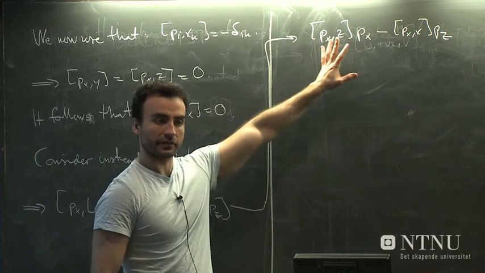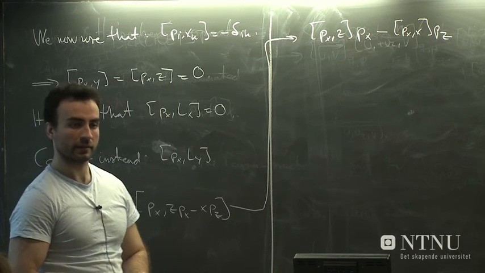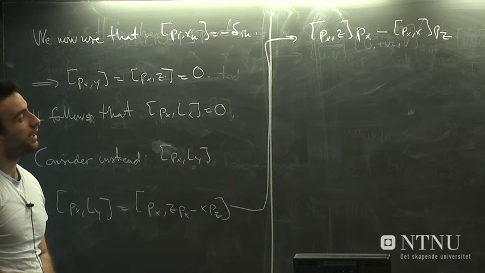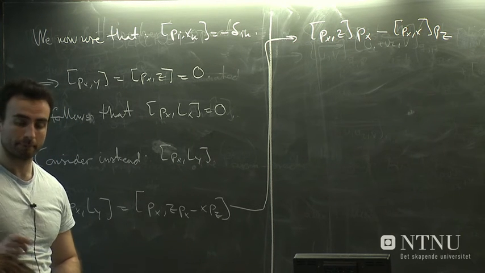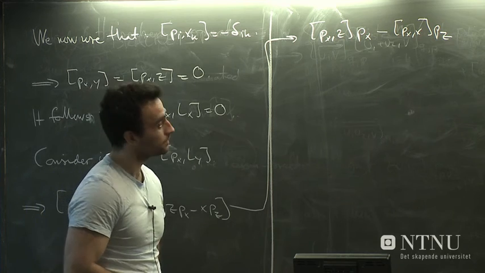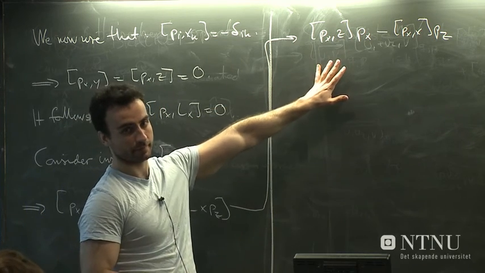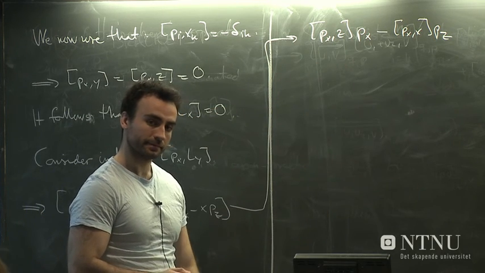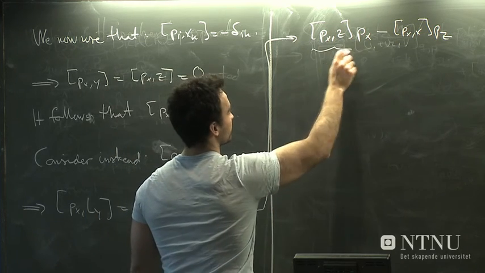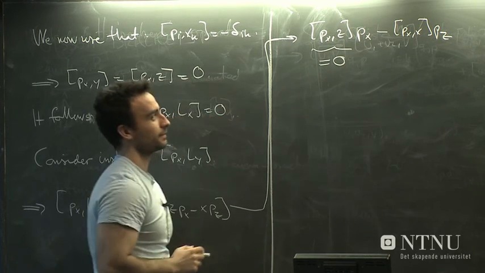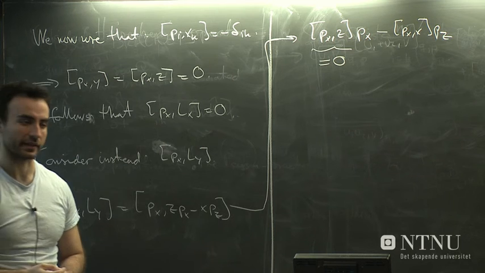Can we simplify this somehow? The first term will vanish. Yes. How come? Because x is not z, so the Kronecker delta is 0. Exactly right. Okay. And what about the second term?